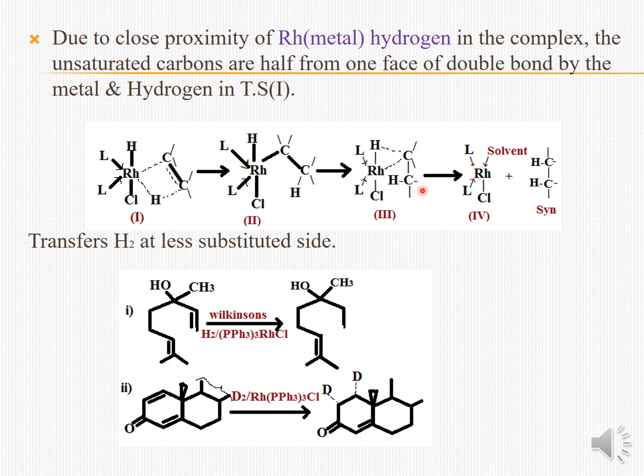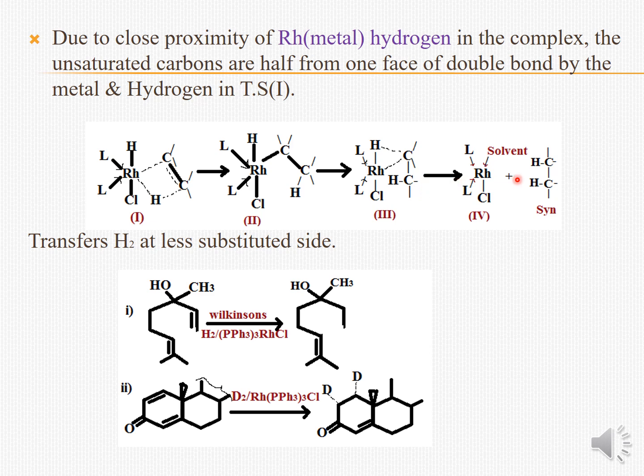And then again in the third step there is the formation of the bond between the rhodium carbon and the hydrogen and the carbon atom. That is your third transition state, and finally by the attack of the solvent, that is ethanol or methanol, organic polar solvents, syn addition will take place.